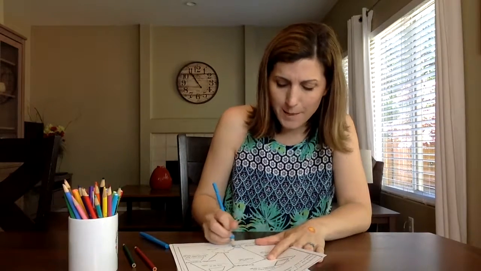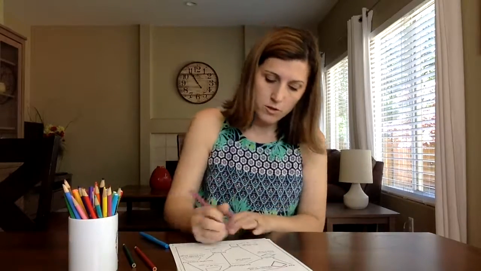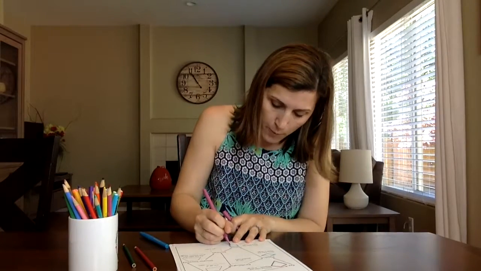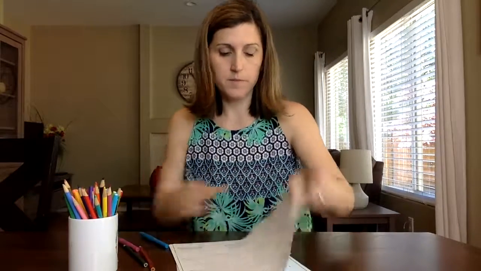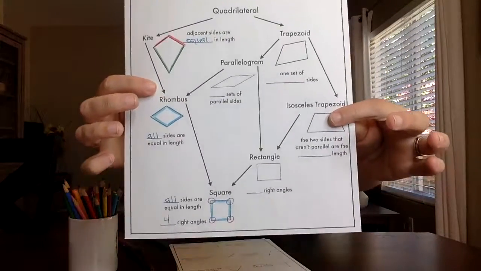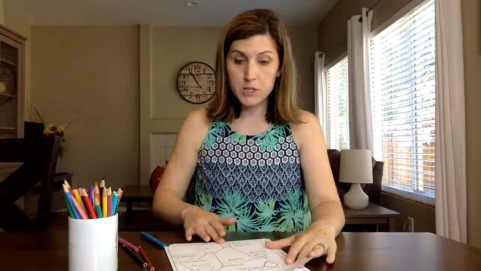Let's color all sides the same color to show that they're the same length. And then we will circle all 4 right angles to show that they are right angles. Just like that. Okay? So we've gone kite, rhombus, square, getting more specific each time.